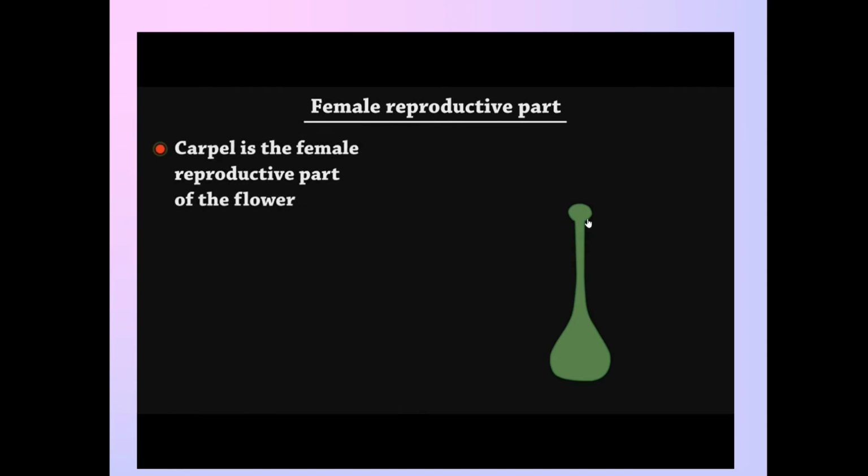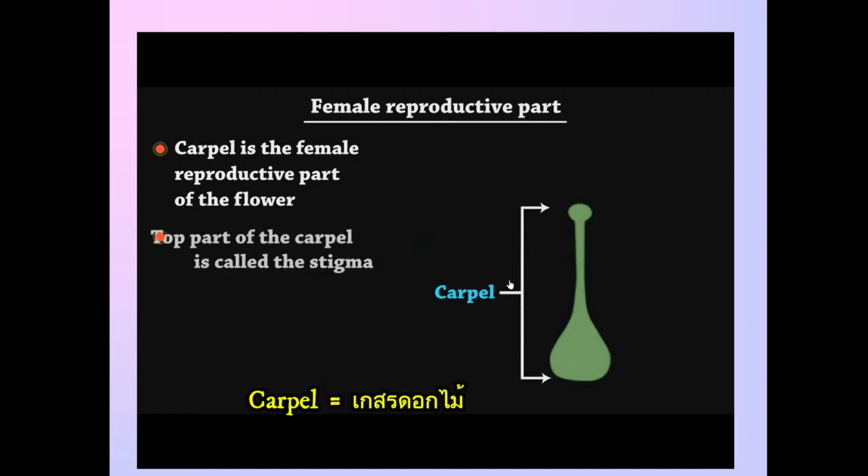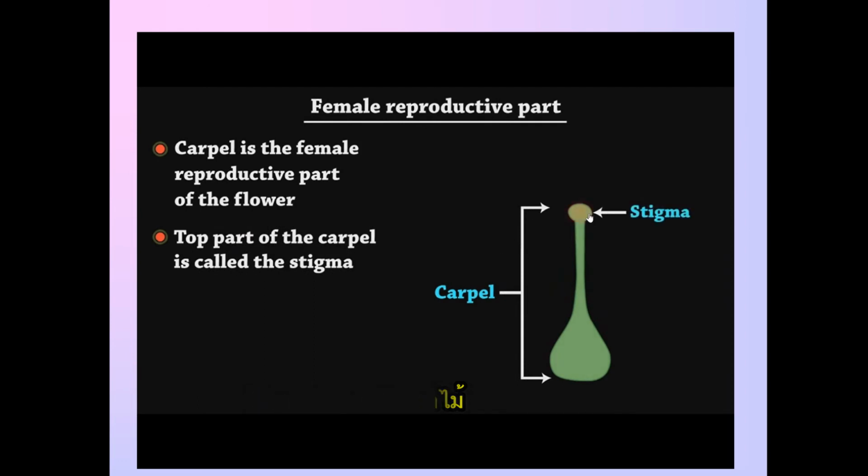This is the stigma. Carpel is the female reproductive part of the flower. The top part of the carpel is called the stigma. Stigma is supported by the style.